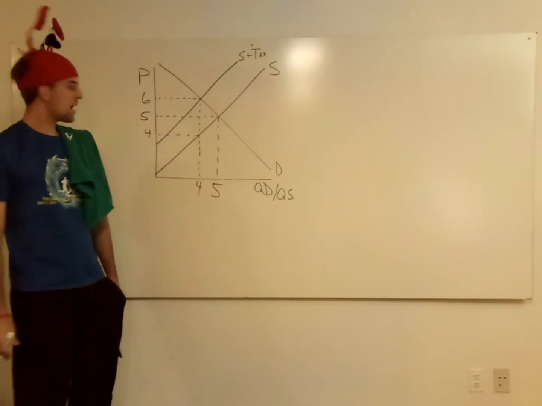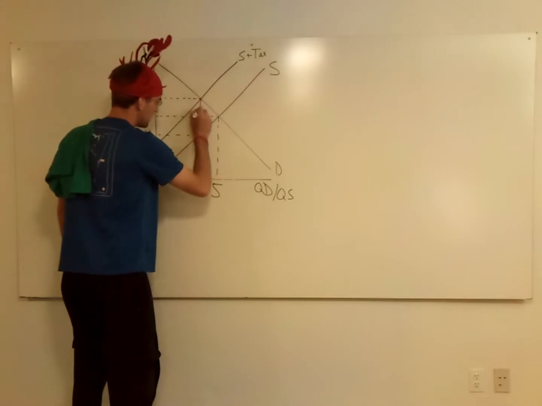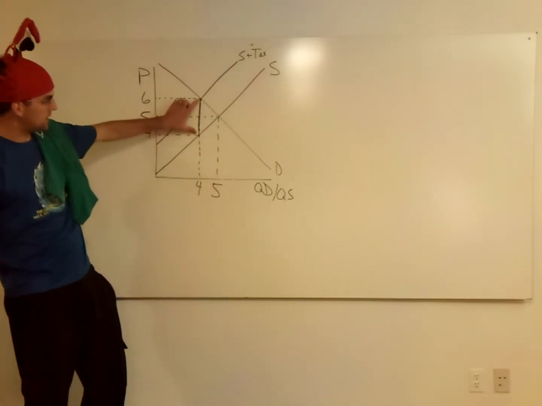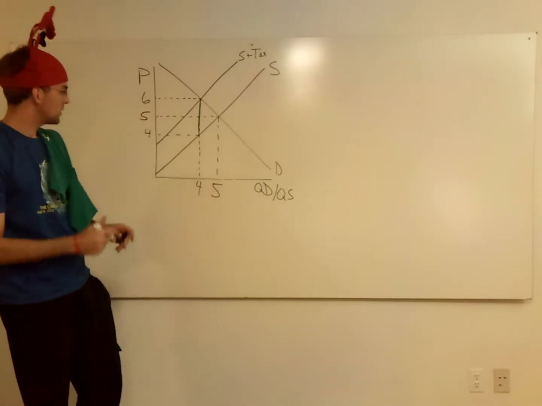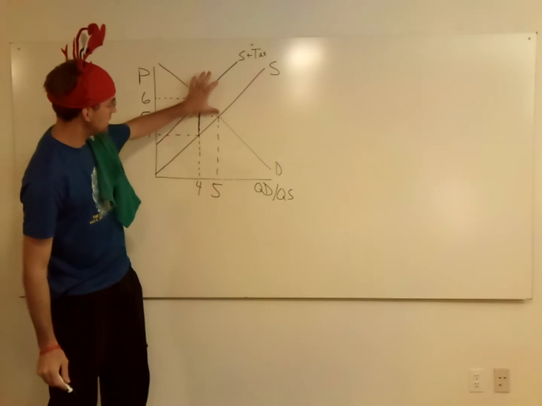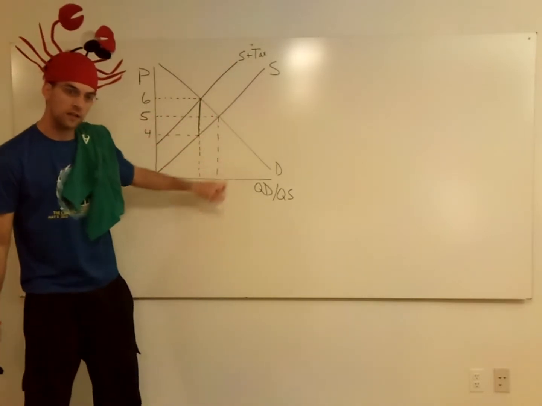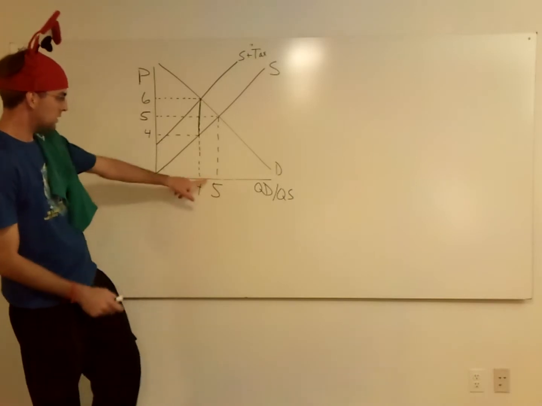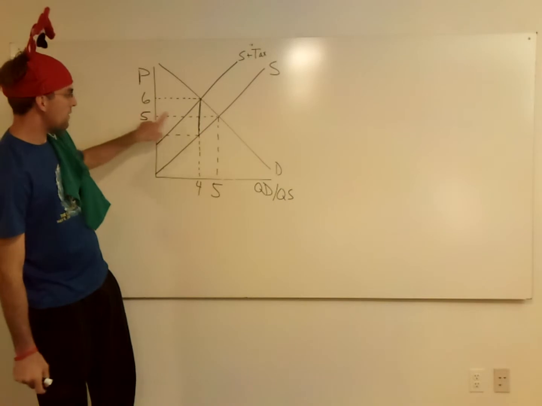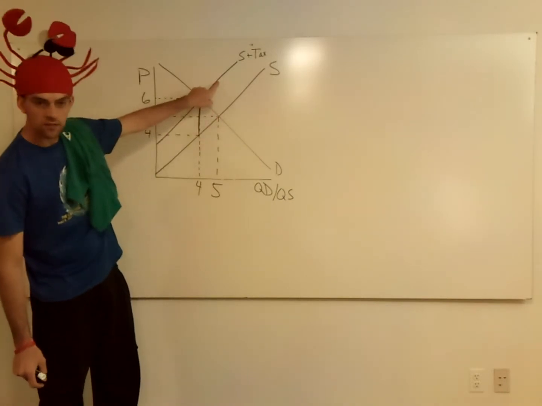Hopefully you can see here, the tax is this distance right here, $2. And $2 represents the distance between my supply curves at every single quantity, because when I made 5 units before, it was $5, but now when I make 5 units, it's going to be $7.